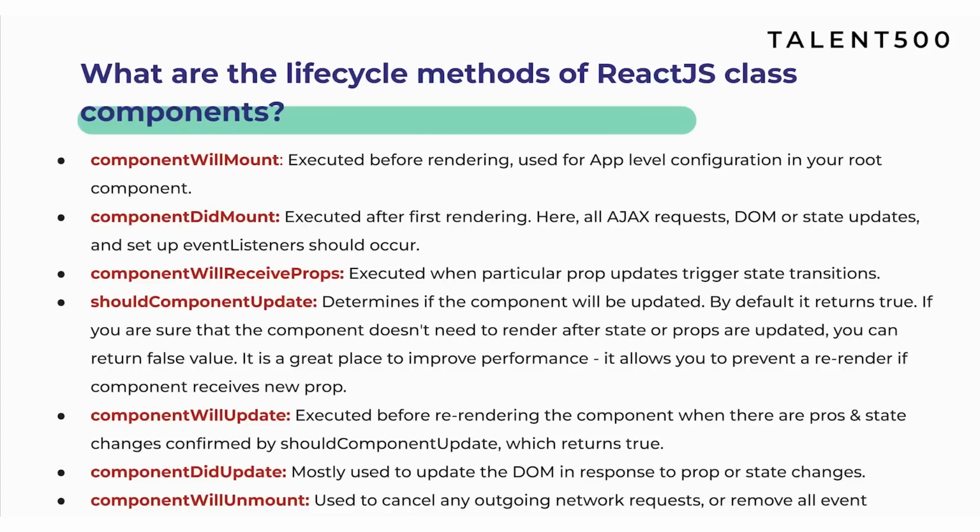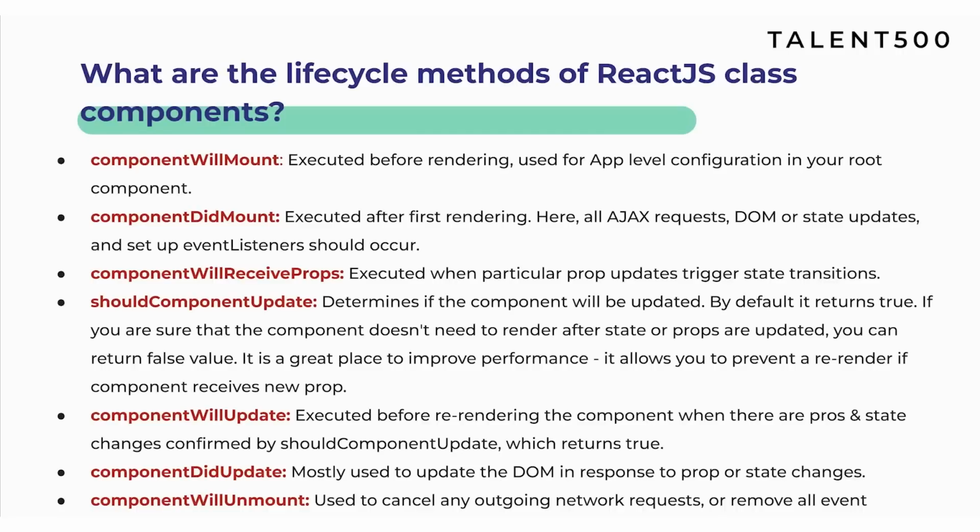Then fifth is componentWillUpdate. It is executed before re-rendering the component when there are props and state changes, confirmed by shouldComponentUpdate. If shouldComponentUpdate returns true, then this particular componentWillUpdate will be executed before re-rendering that component. Then comes componentDidUpdate. Mostly used to update the DOM in response to prop and state changes.